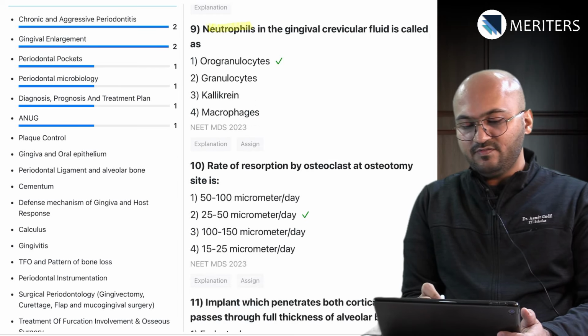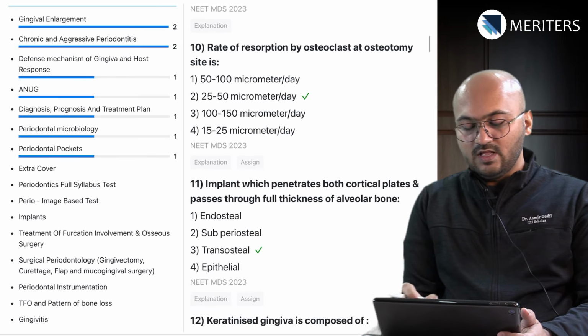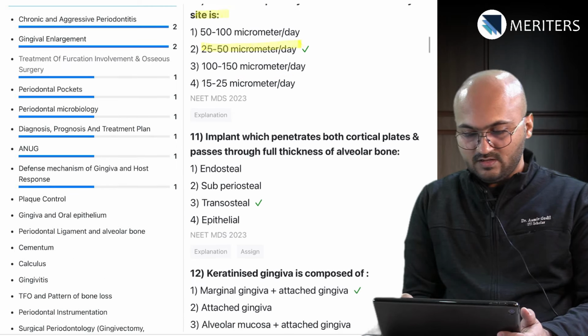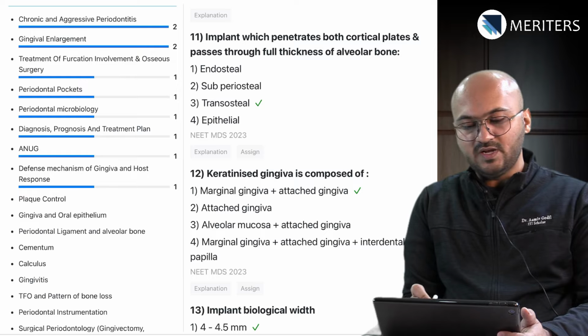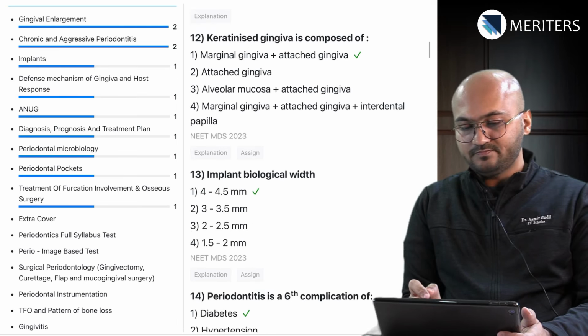Neutrophils in GCF are orogranulocytes. The rate of resorption by osteoclast at osteotomy site is 25 to 50 micrometers per day. Then implant, which penetrates through cortical plates and passes through full thickness of alveolar bone, is called a transosteal implant. This is the classification of implants.